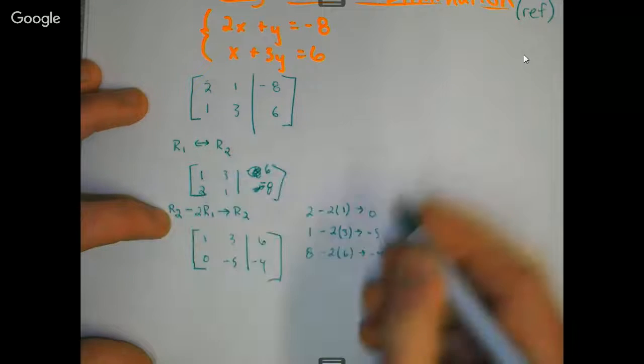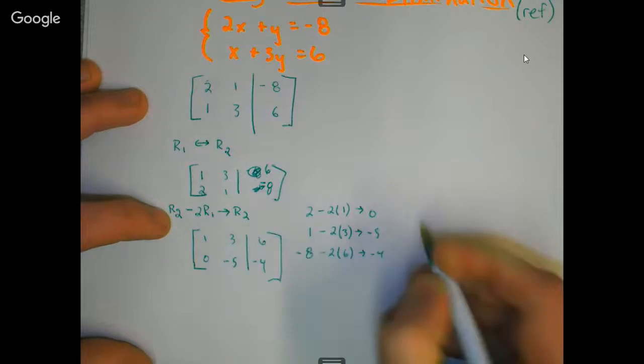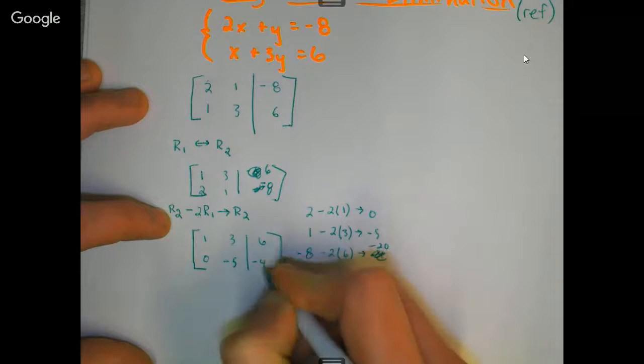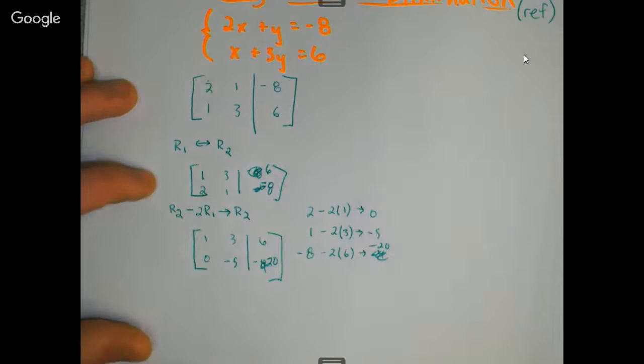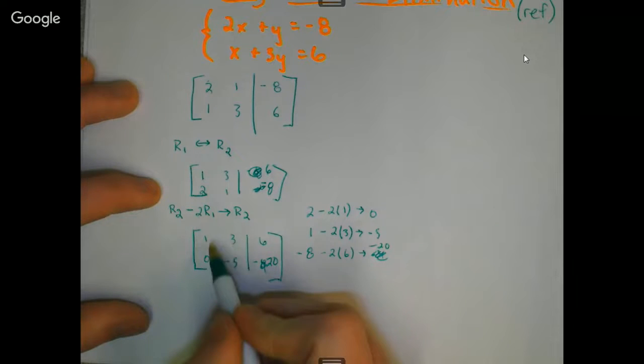That's a negative 8 right there. That's a negative 8. So this should be negative 20. Okay. So I got my 1, I got my 0 under it.